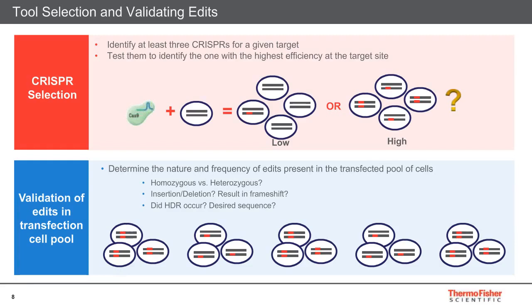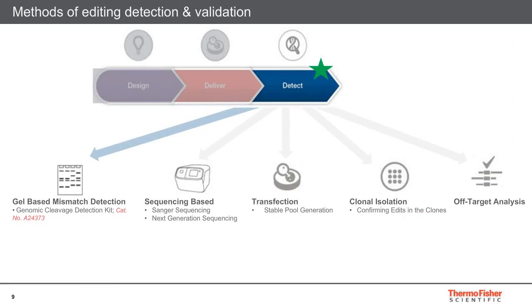Once that is done, we need to validate the edits in the pool of transfected cells and ask relevant biological questions: whether the modification was homozygous or heterozygous, which one was desired, whether we got any insertions, deletions, did they result in frame shifts, and if we were looking for any donor DNA based replacements, did we actually achieve homology-directed repair. So in order to address all of these questions, we go to the detect portion.